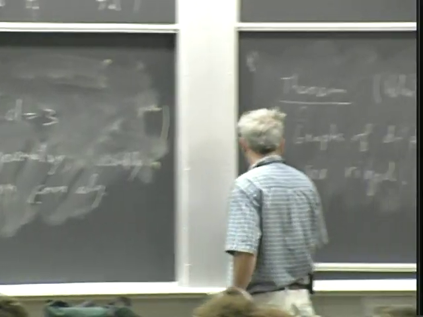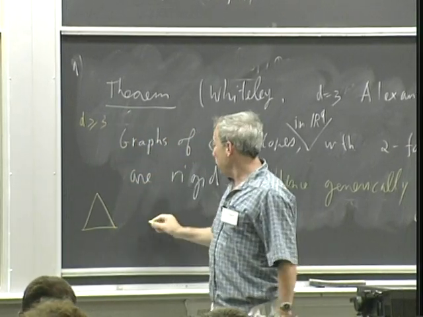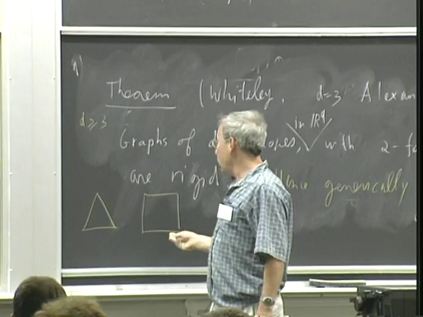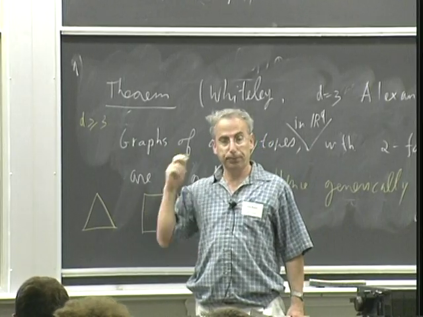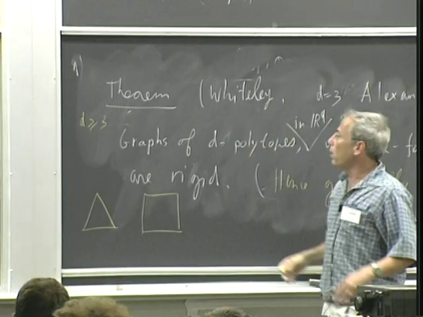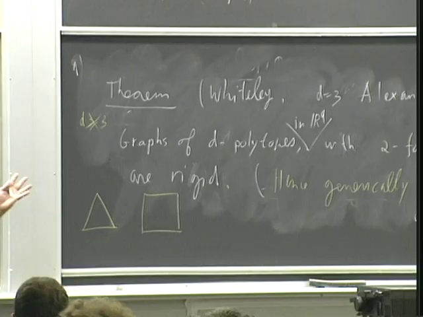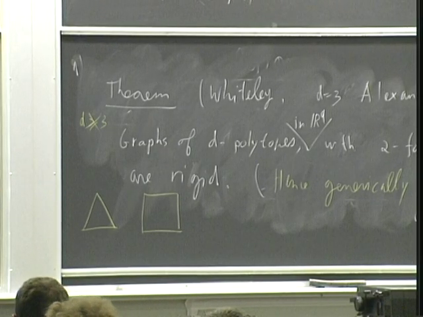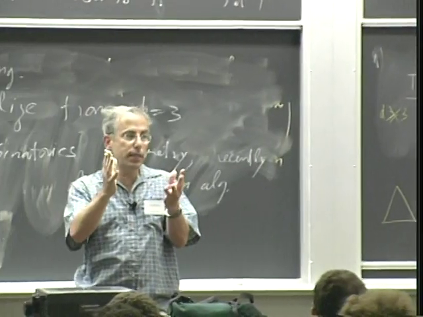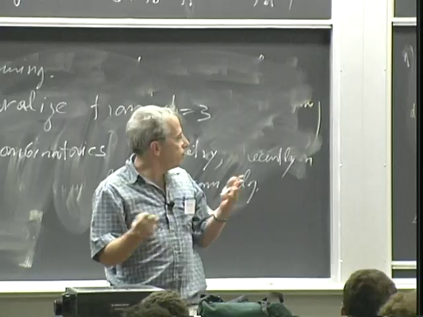So for example, when D equals 2, a triangle is rigid, but a quadrangle is not rigid. Well, I don't know. Maybe it is true for D equal 2, because we have to triangulate the whole face. But now, when we are talking about higher dimension, any simplicial 3-polytope is rigid. This is a deep theorem of Alexandrov.